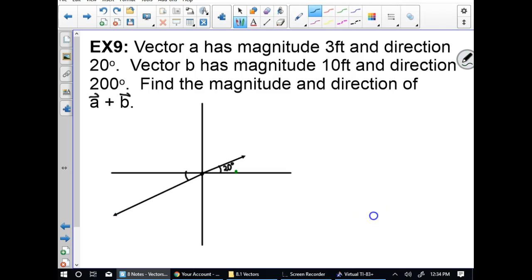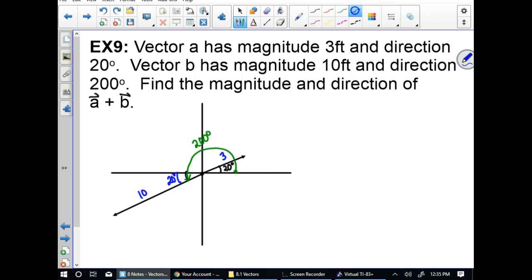And that angle right here all the way around, that's 200 degrees. But this little angle right here, we said that was 20 degrees. And this is 3. And this is 10.